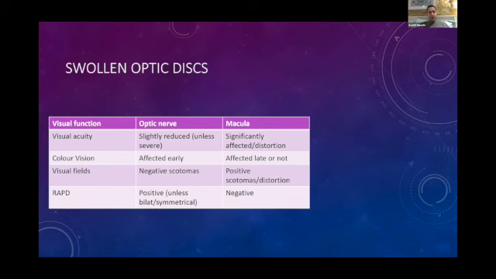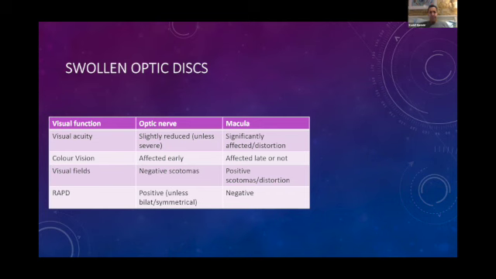So remember, if you see a patient and the visual acuity is slightly reduced, it might be optic nerve, whereas if it's macular, it's very significantly reduced. Color vision: optic nerves tend to get affected early, whereas with the macula it's late or never. Visual fields: you get negative scotomas in an optic nerve lesion, or a positive scotoma or distortion in a macular lesion.